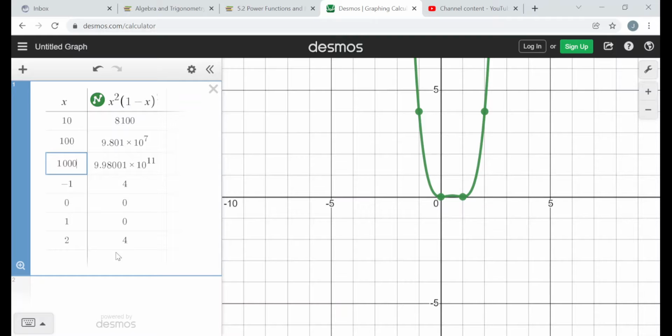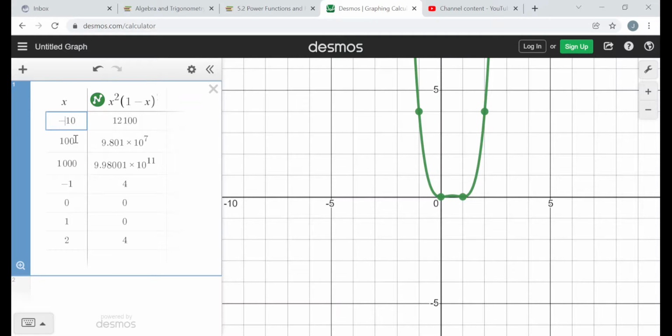That's even bigger. So you're seeing, as I increase x, as x goes to positive infinity, the output is also going to positive infinity. The output's getting larger and larger positive. And the same thing goes for negatives.